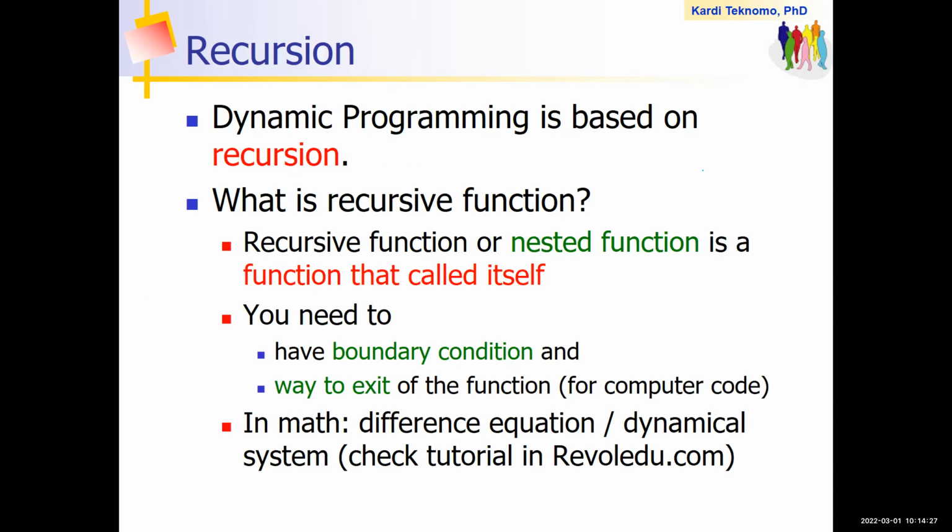So dynamic programming itself is based on recursion. So what is a recursion function? Okay, so a recursion function or nested function is a function that calls itself, right? So in this case, you need to have a boundary condition and a way to exit the function in the computer code. So in mathematics, recursion is sometimes called difference equation or dynamical systems.